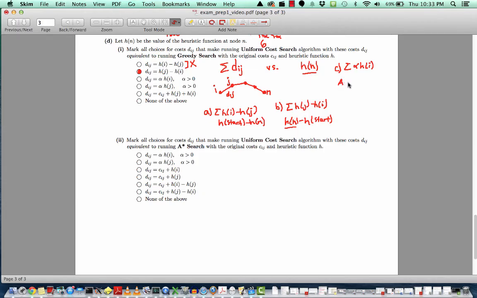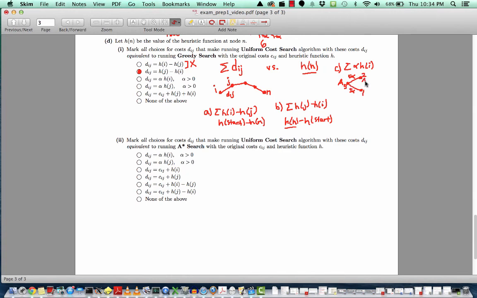So say you have some start node A, and it has two options. The heuristic of A is 5, and the heuristic of these two nodes is 2 and 1. And therefore, since dij is equal to alpha times h of i, the weight of this node is going to be 5 alpha, as is the weight of this node. In this case, uniform cost search will return the node based on a tie-breaking scheme, whichever one comes earlier in the alphabet.